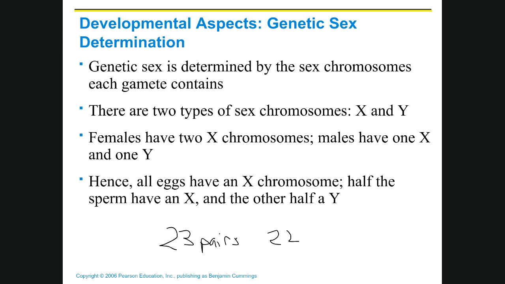Autosomes code for things like how tall you're going to be, or what color your hair is going to be, or your eyes, or your skin, or whether or not you're going to be prone to certain diseases. In other words, autosomes, auto means self, has to do with what makes you look like you. It has to do with your body type or body itself and all of the things that go along with it. But there's one pair of chromosomes which are called sex chromosomes.